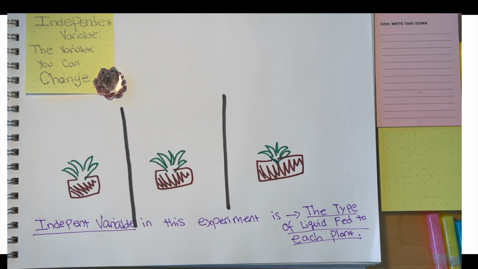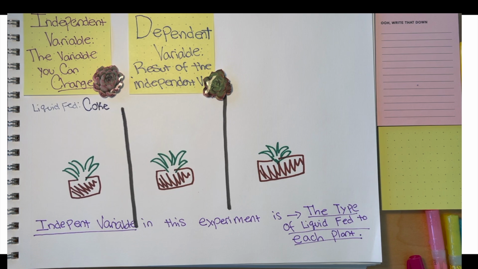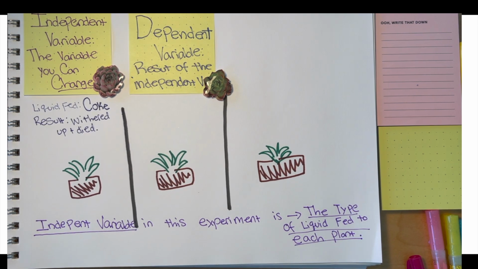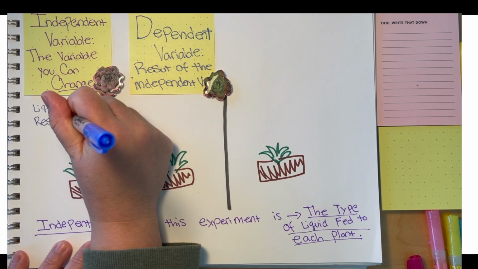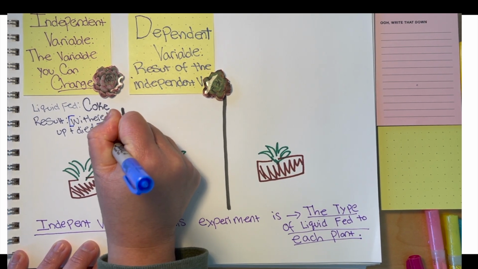Now, the dependent variable is the result of the independent variable. So in this case, it's what results the plant will have as an effect from the liquid that we gave them. So if we gave the first plant Coca-Cola and the plant withered up and died, then withering would be the dependent variable.